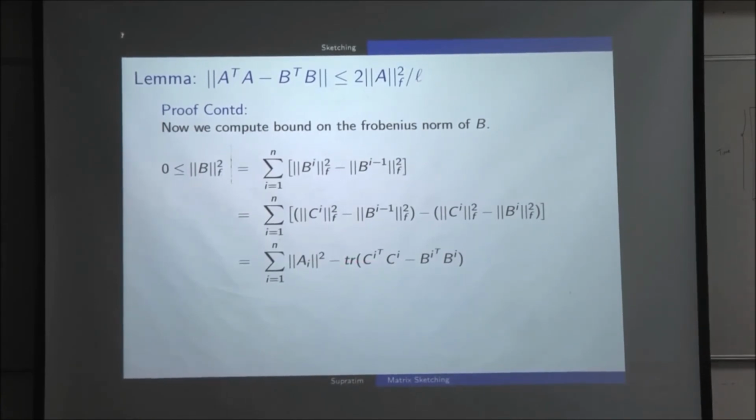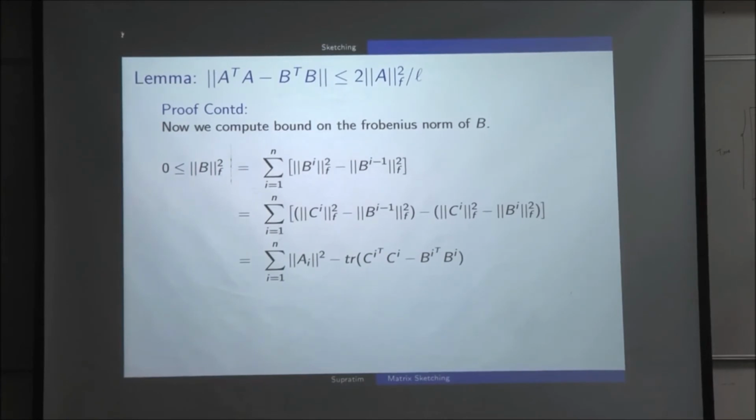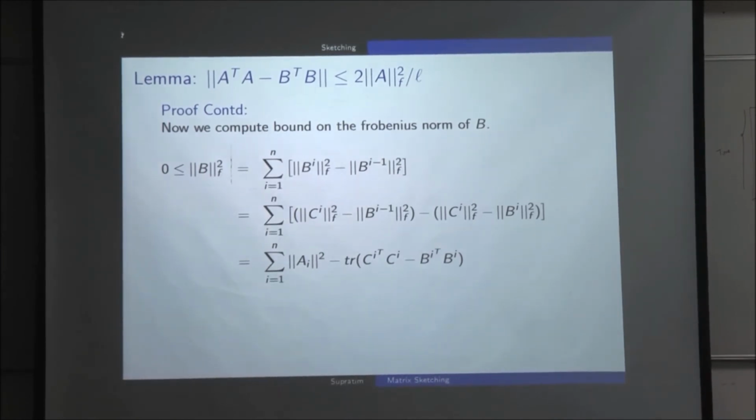This is because the Frobenius norm of A is nothing but the sum over the squares of all the entries in A, and we can also write it as the trace of A transpose A, because the trace of A transpose A will give us the sum over all the entries A_ij times A transpose_ji. So this is again the same.